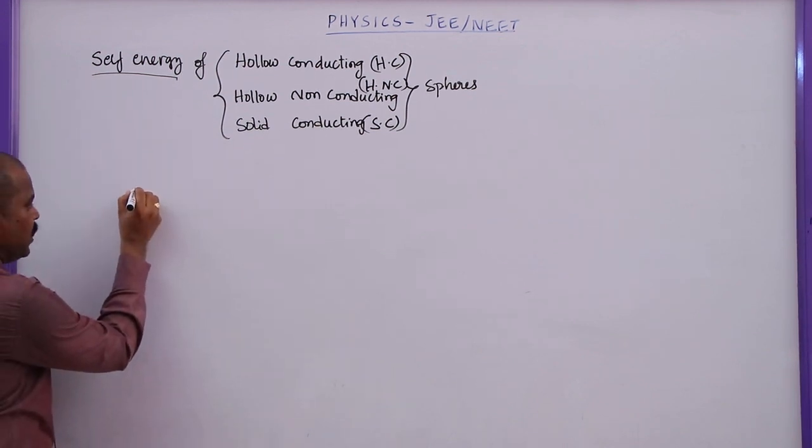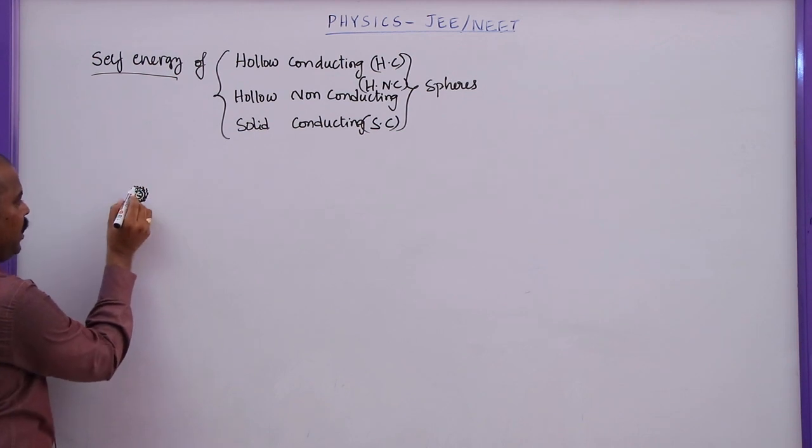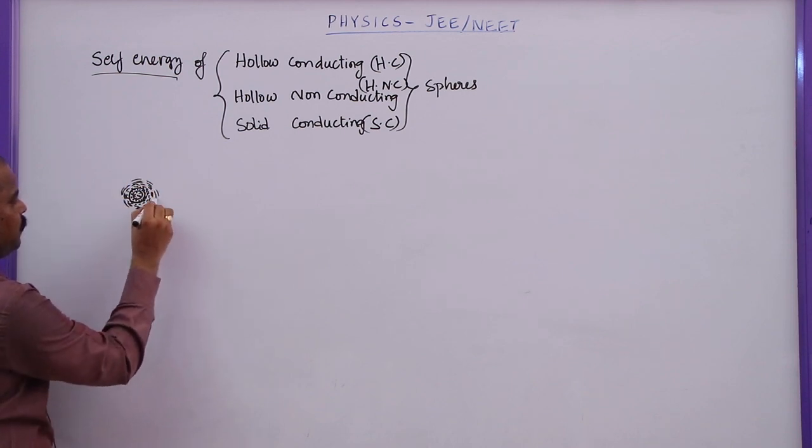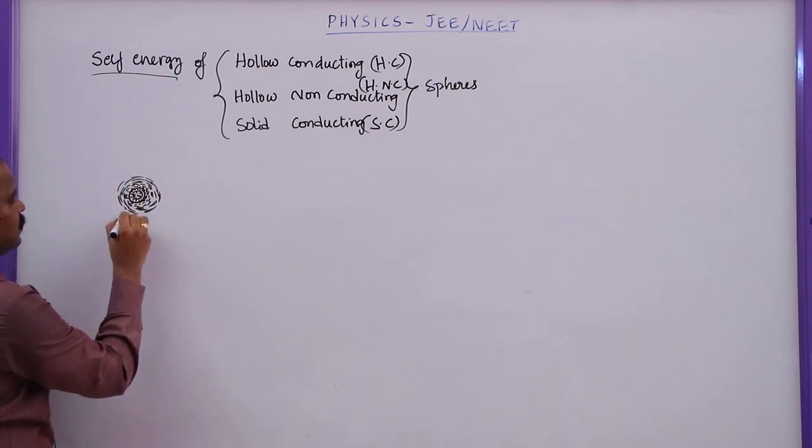If we add some more charges, once again you will get a bigger sphere. If you go on adding these charges, you will get a big sphere of some radius.